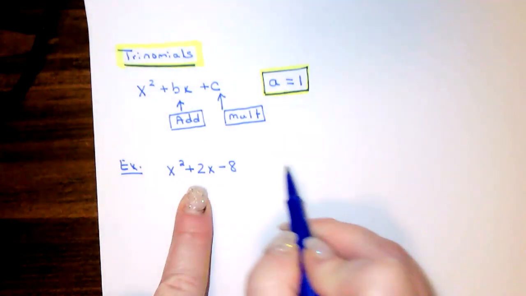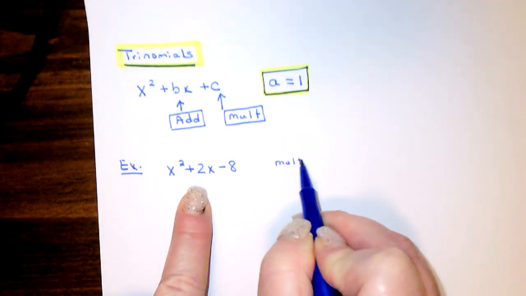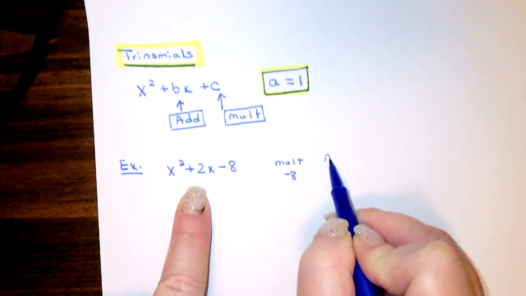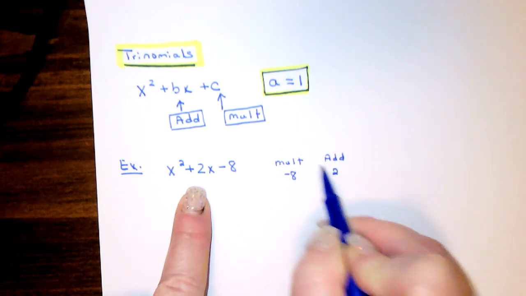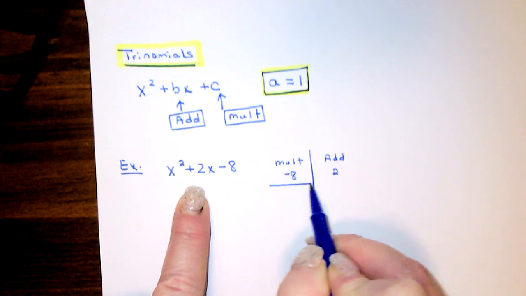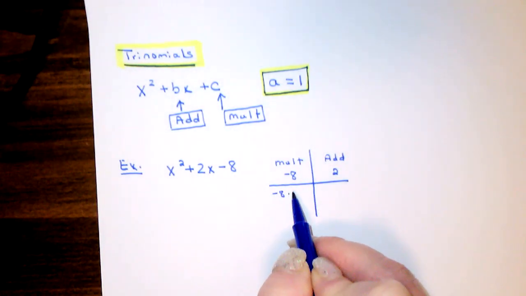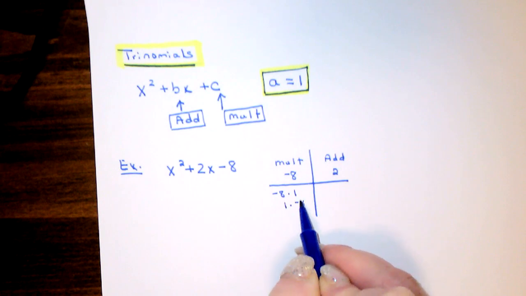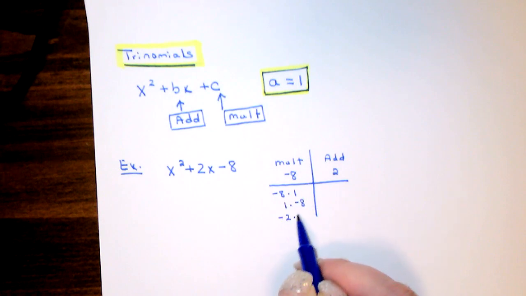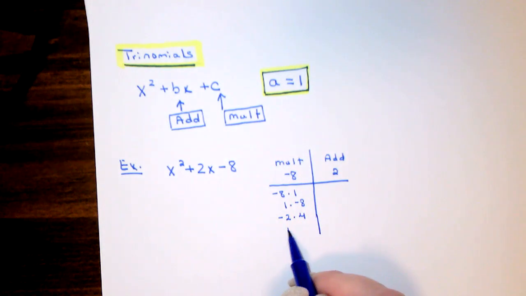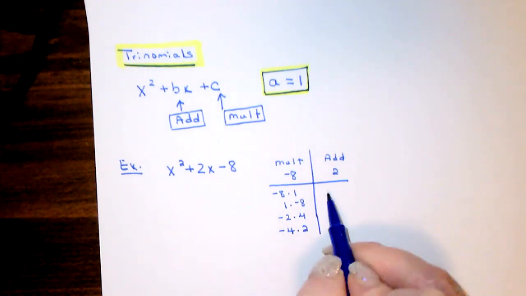So it's got to multiply to be -8. And it's got to add to be 2. So when we're thinking about -8, you can have these numbers. And 4, -4 and 2. Okay, so it's got to add to be 2.